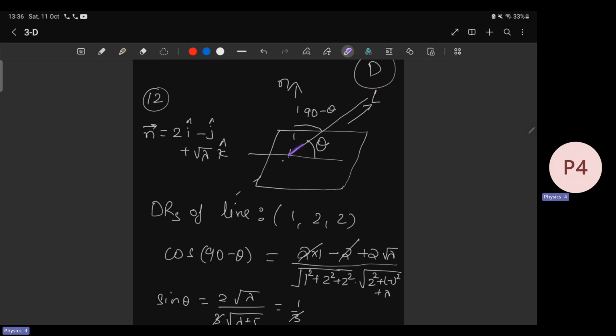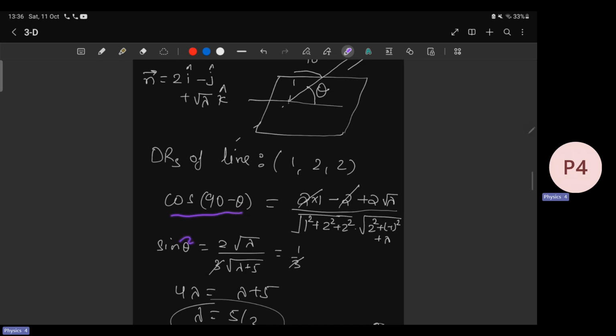If we take the dot product between these two vectors, the direction vector of the line and the normal vector, we can write cos (90 minus theta) equals b vector dot n vector upon modulus of b and modulus of n. So it is 2 into 1 minus 2 plus 2 root lambda upon modulus of b and modulus of n.